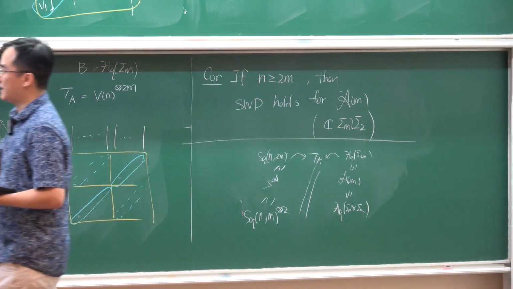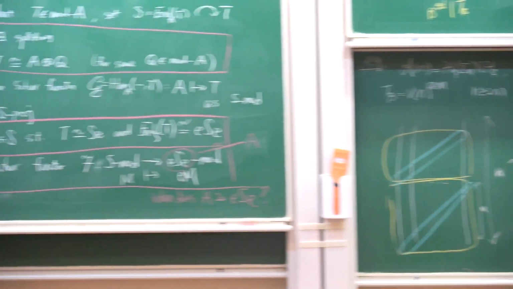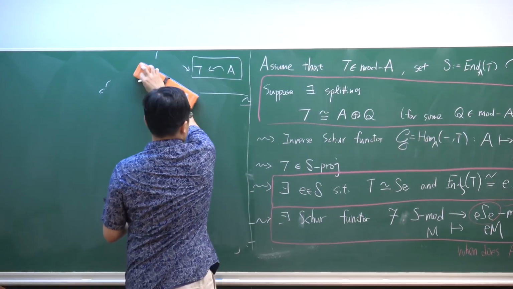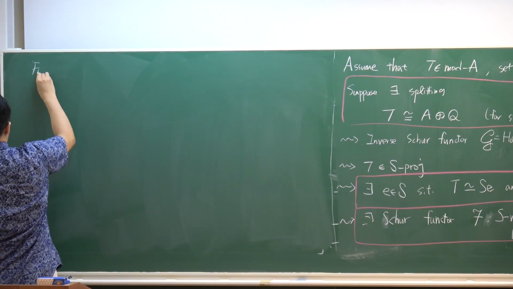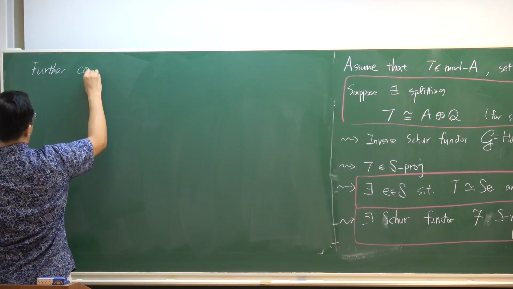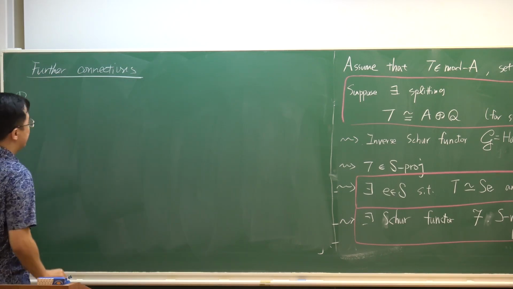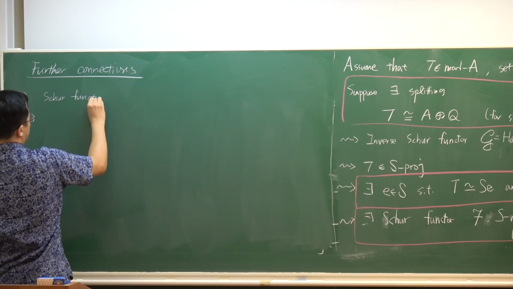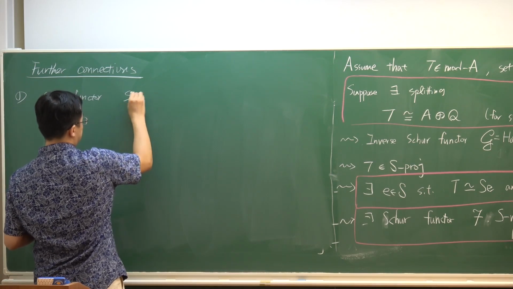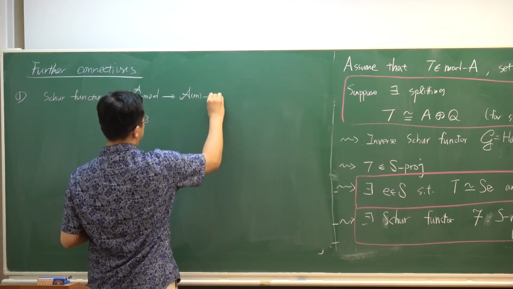And finally, I'll make some further connections that are worth thinking about. Now we have a Schur functor from SA-mod to AM-mod.